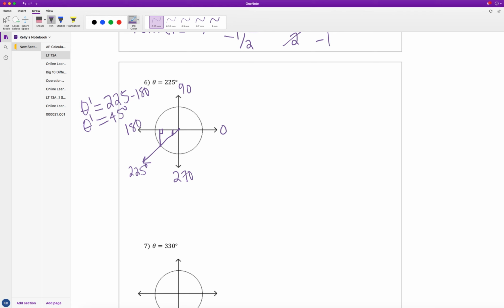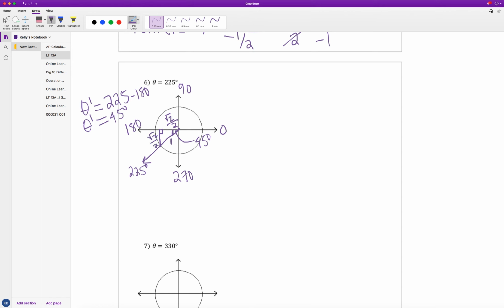From here, we can then label the sides of our triangle because we know our reference angle is 45. So the 45 is this angle that is right in there. Now, because I'm on the unit circle, I know my hypotenuse is 1. Now, this is a 45, 45, 90 triangle, which we haven't done an example with, but we know from our special right triangles that both legs of a 45, 45, 90 are equal to root 2 over 2.